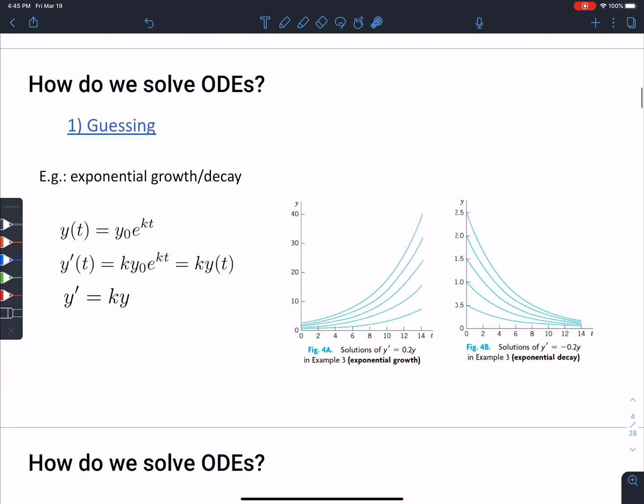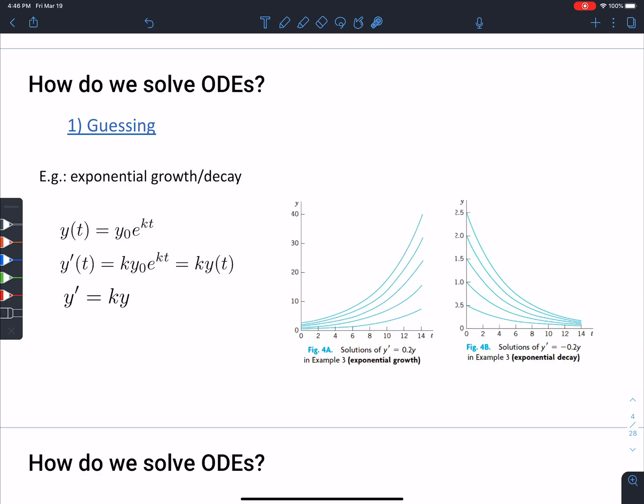So how do we solve ordinary differential equations? There are a couple of methods, and in the differential equations class, you would actually go through a variety of methods, the recipes that one can use to try to solve these equations analytically using pen and paper and derive the solution, which is not what we're going to talk about here, but it's good to review some concepts. So the basic technique for solving ordinary differential equations is what I loosely call guessing.